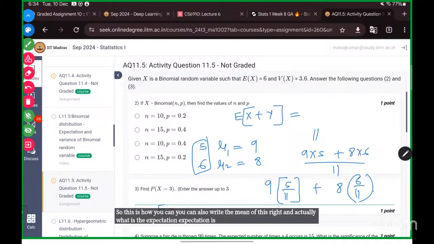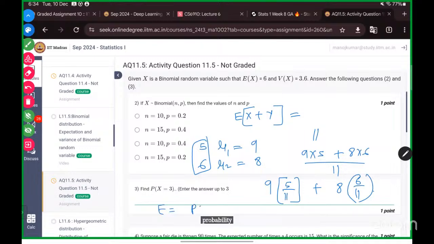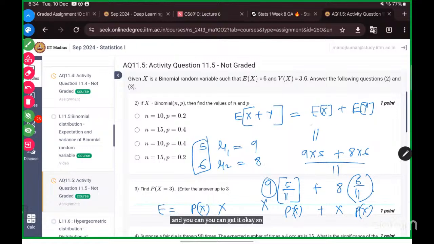Expectation is probability into x, so p of x into x. So you can consider this as x and this as p of x, and this is also x and p of x. So if different things are there and their expectation is given, you can just sum the expectations and you can get it. Okay, so this is the property.